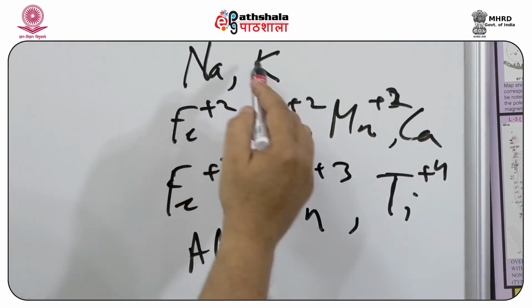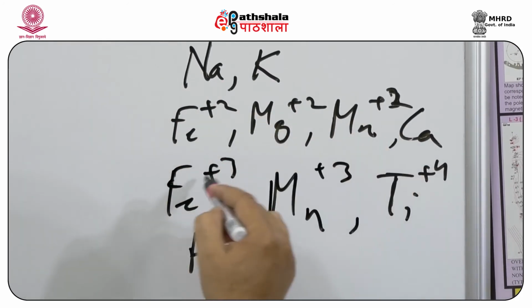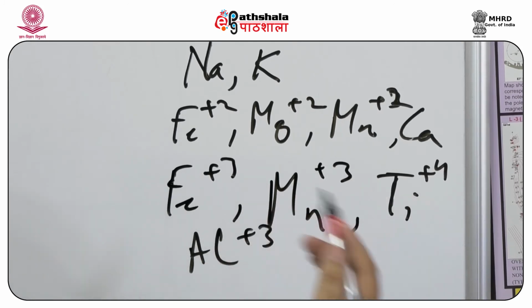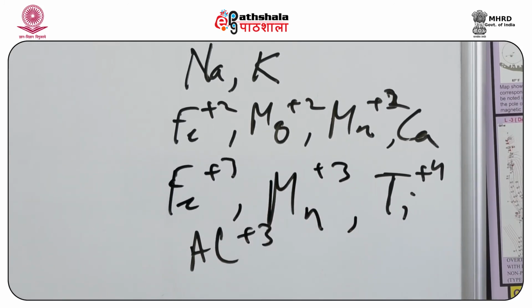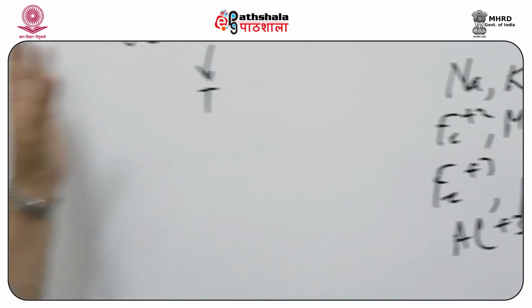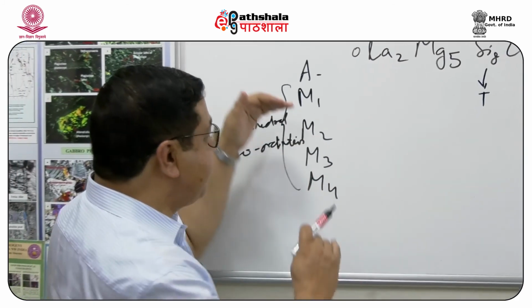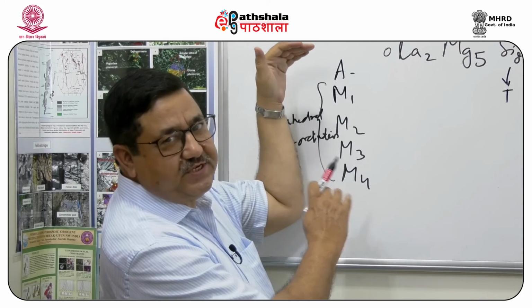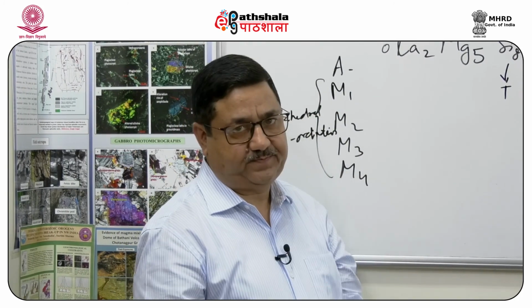So, we see that more than 10 elements substitute for different elements, but the number of sites to which they substitute are limited.